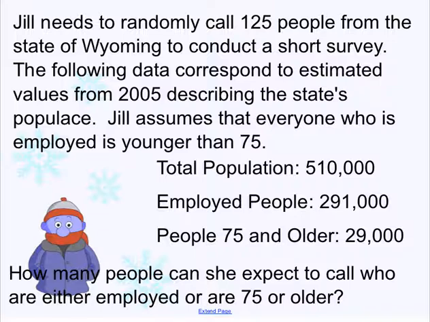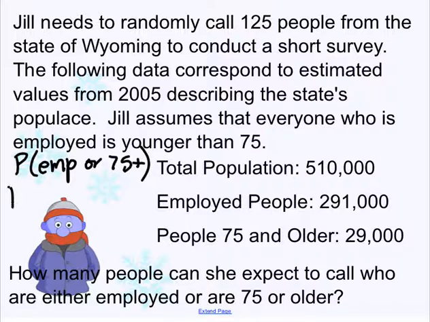How many people can she expect to call who are either employed or are 75 or older? So the question is, are these mutually exclusive? We want to know, is the probability of getting someone that's employed or 75 plus, can those happen together? And we say, well, no, because we are assuming that everyone who is employed is younger than 75.